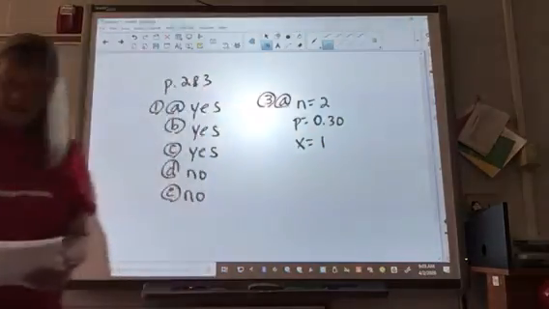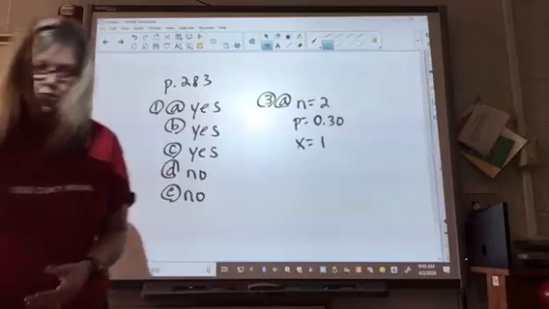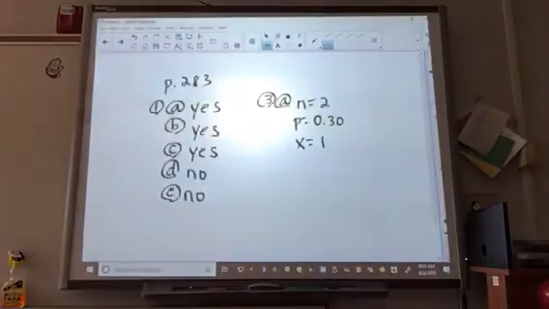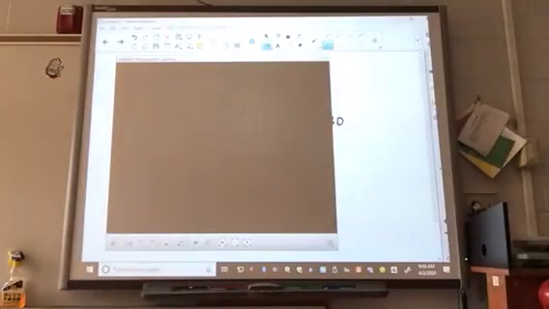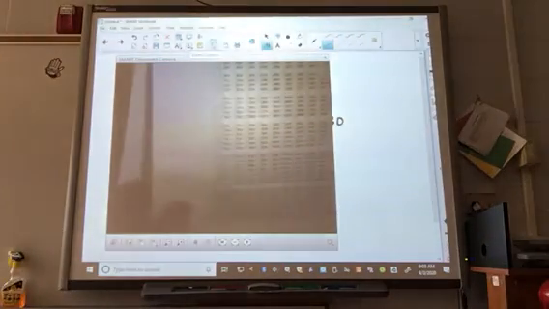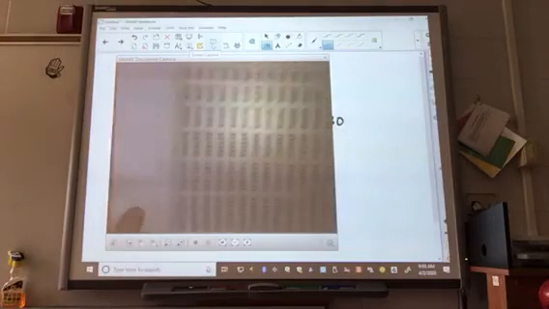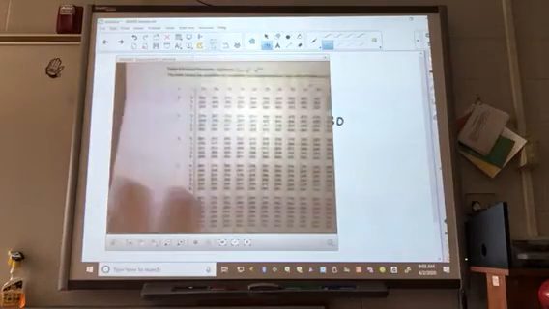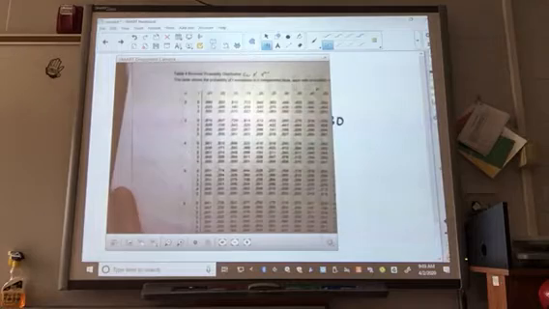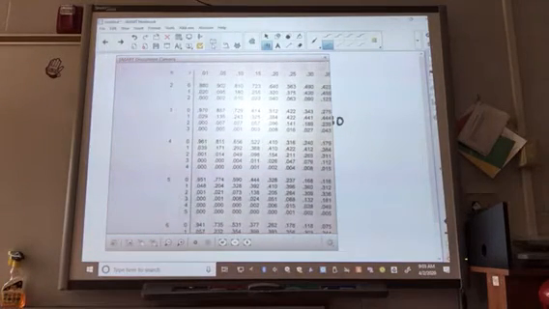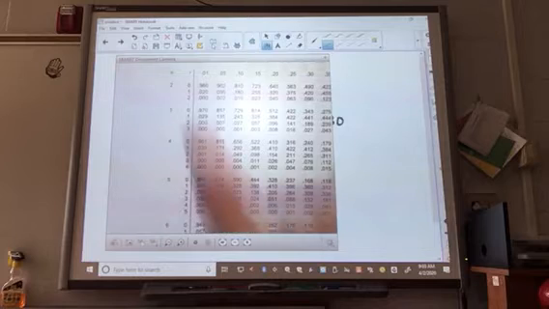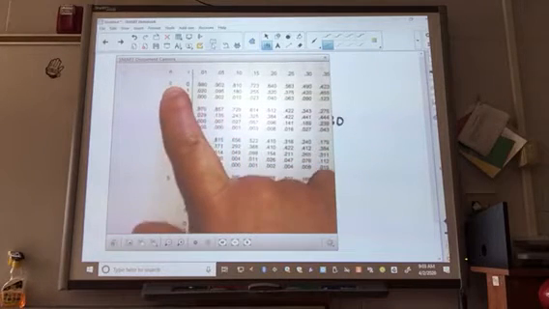Okay, let me see if I can pull up my chart. Okay, so you need to find the chart that looks like this. And I know this is hard to see, but you can see on your handout. We need to find an n value of 2, which is here.